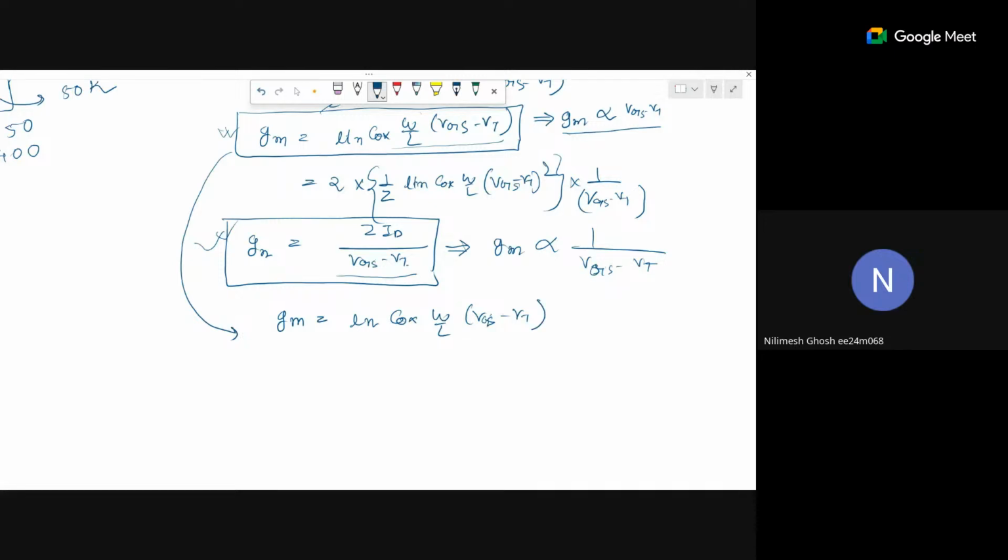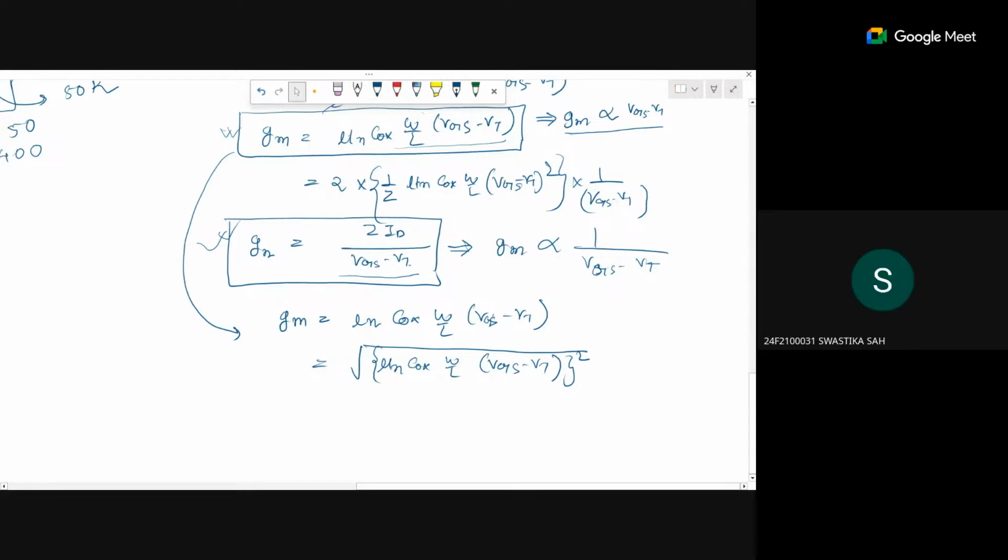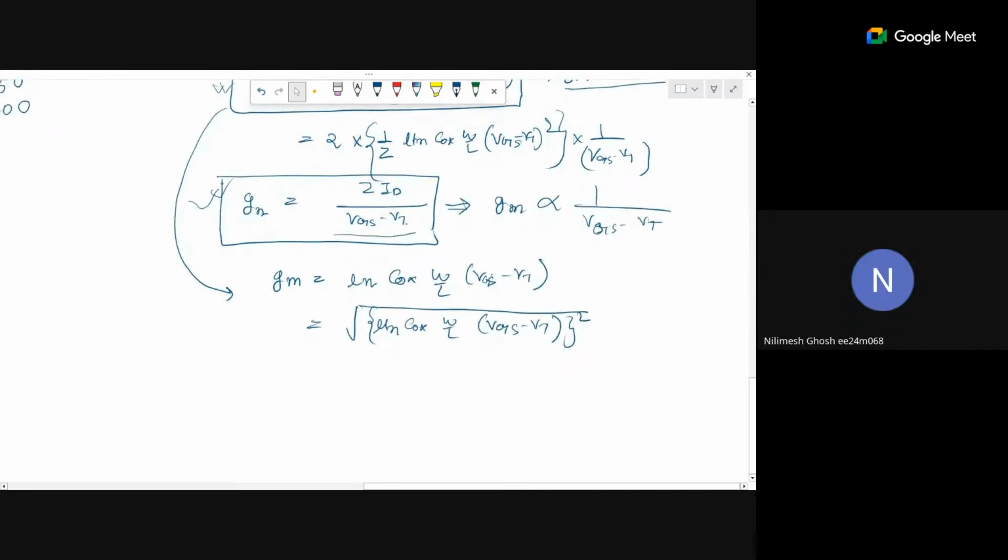Now, can I write it like this: root over of mu n Cox W by L into VGS minus VT, this whole thing squared? Can I write like this or not? Why root under? Because this is a square, the square and root cancel each other out, and then I will get the first expression.